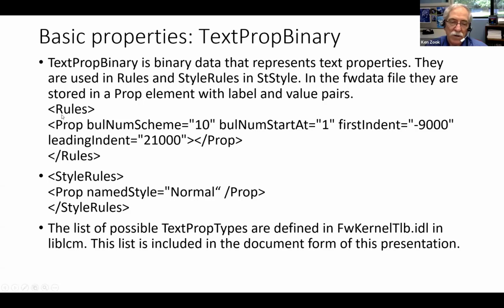So that would be one rule. Then you can have a named style rule that gives the name of a style. The list of possible text props types are defined in FwKernel.tlb.idl in the liblcm library. This list is included in the document form of this presentation, but it's too big to put into this display.